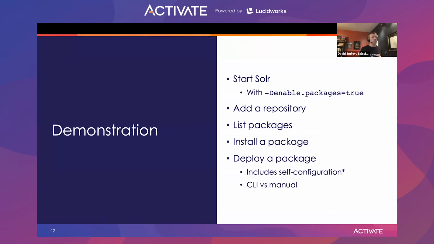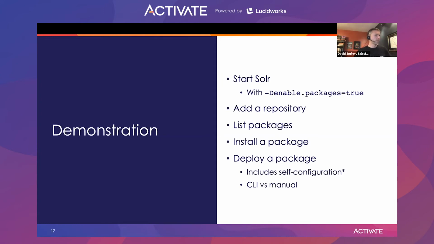I'm going to do a little demonstration showing how to list them, how to install them. Installing means taking the jars and bringing them into the system, but nothing more. Deploying is the final step, which involves associating collections and their config sets with these packages and configuring them to add the plugins in question.